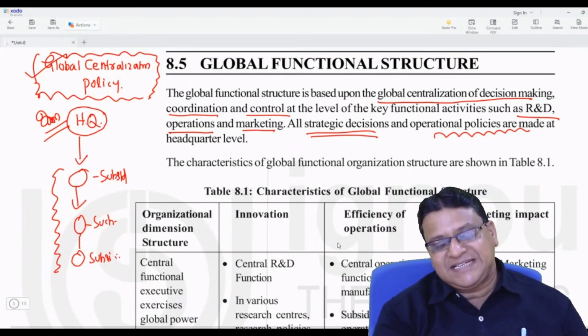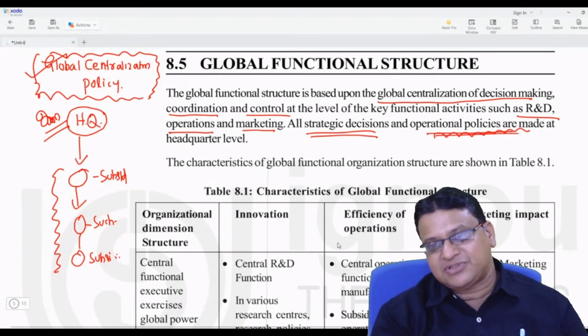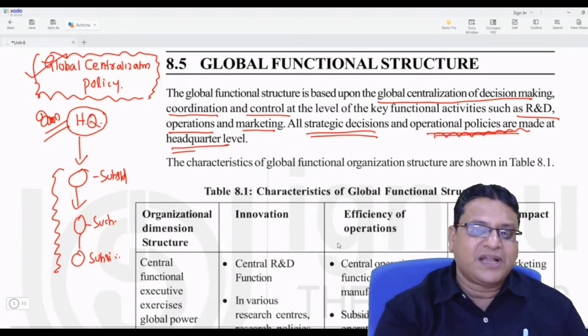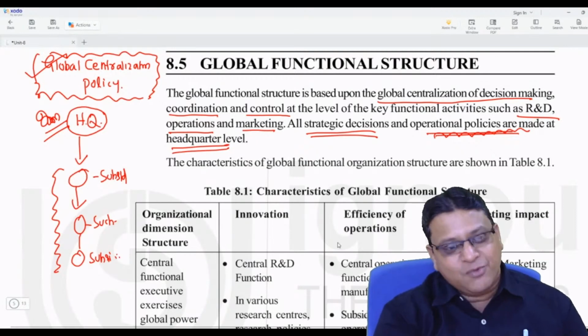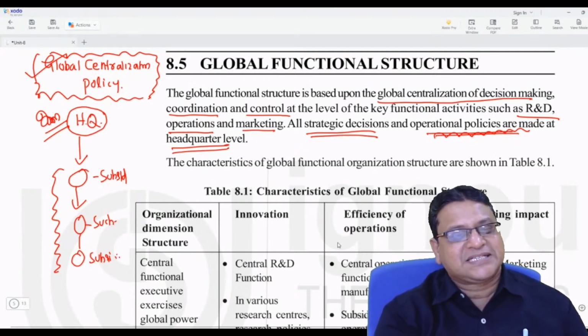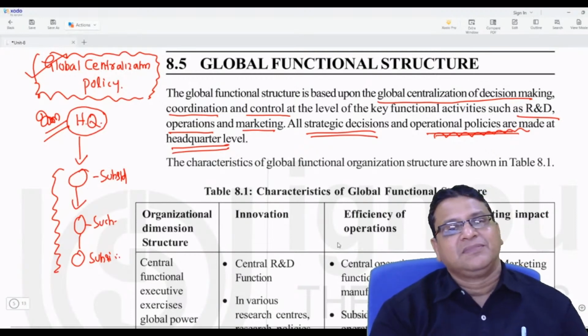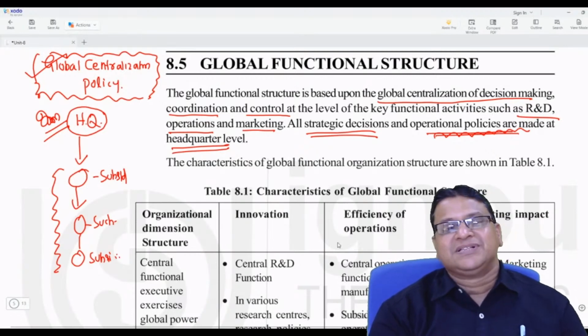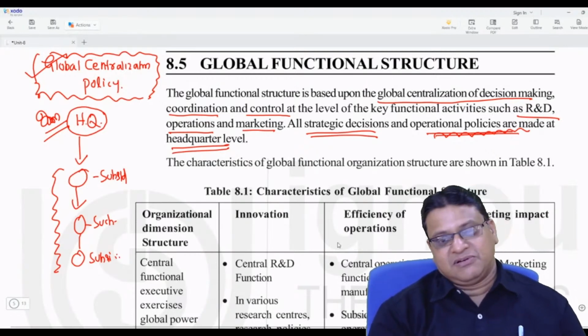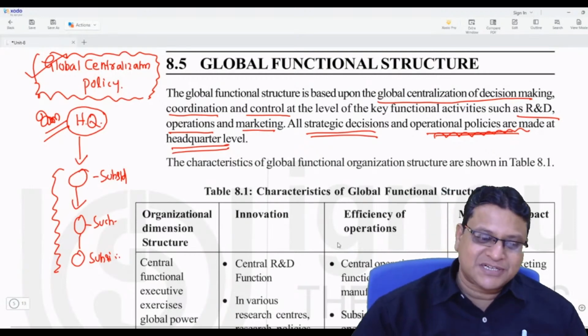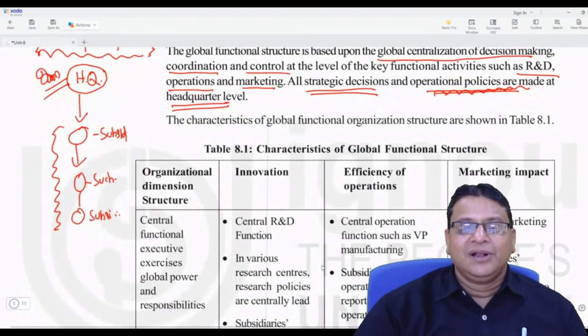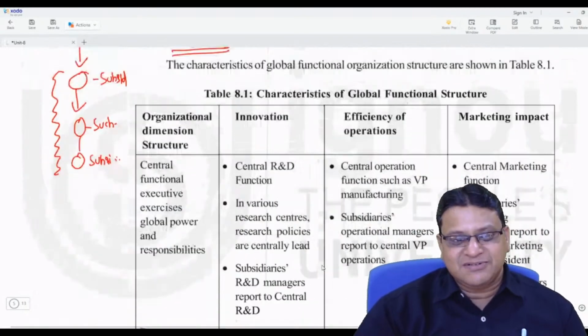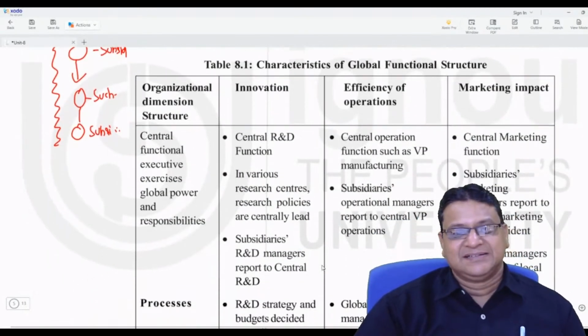So for anything you have to ask the permission of the headquarters. If you design your organization in such a manner, that is known as global functional structure.